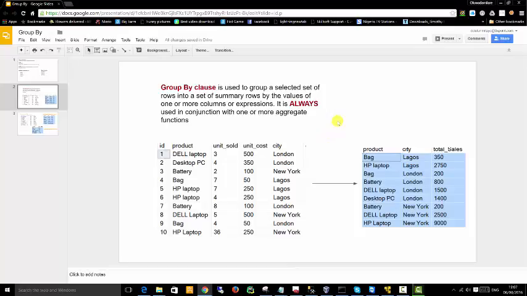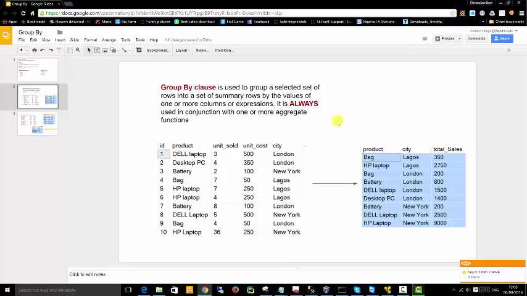But before we actually go into the group by demonstration, let me introduce some problems that lead us into using group by, so that we'll try to achieve something that cannot be achieved unless we use the group by function.